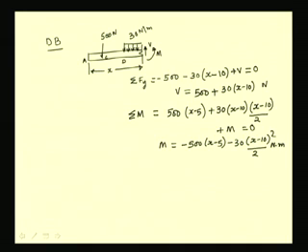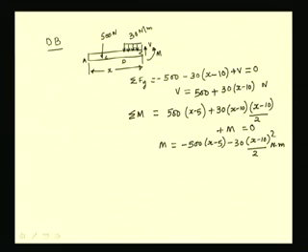So, now we have for the complete length of the beam the shear force and bending moment equation, from which the shear force as well as bending moments can be determined to draw the shear force and bending moment diagram. So, let us draw the shear force and bending moment diagram.